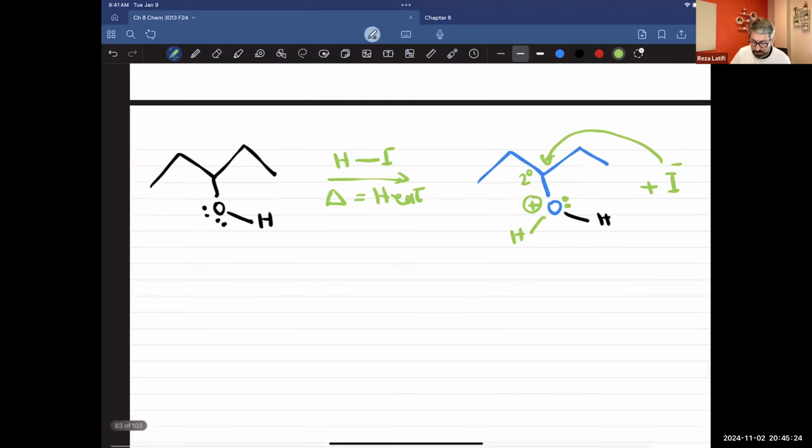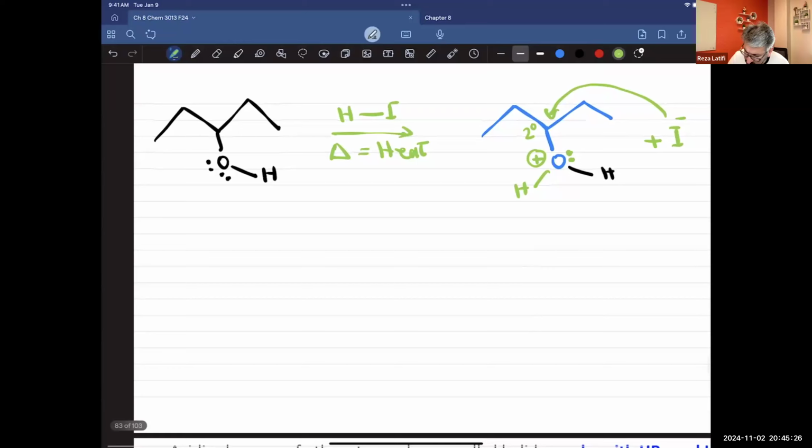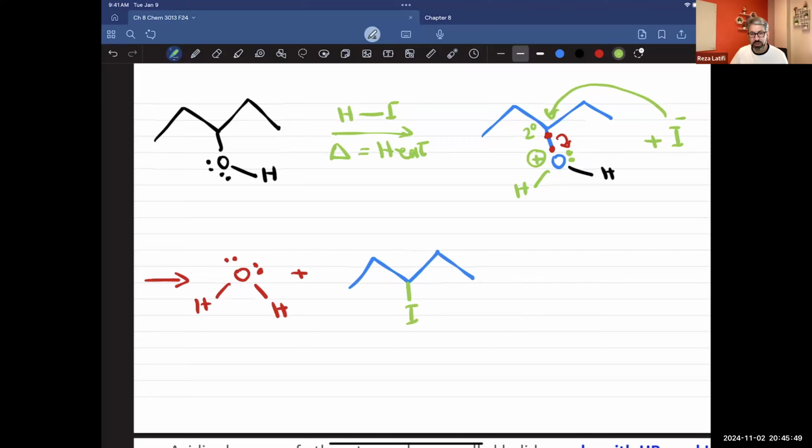It will attack that carbon, and oxygen will take those 2 electrons and leave the system as water. So I get water plus this product. Okay, so I got an alkyl halide.